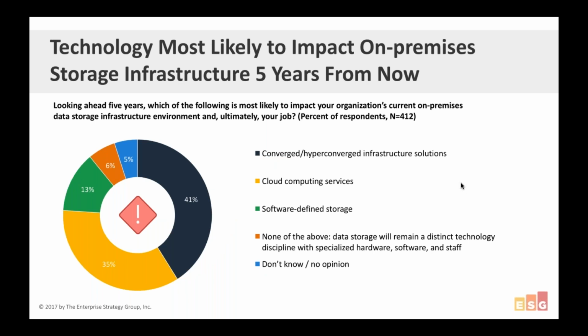Now, I said there are other things milling around in the future. I guess if we sum all these up, you've got convergence going on. Obviously, we talked about cloud. I've just mentioned software defined. You can see that software defined shows up as a smaller section in terms of what's most likely to impact the next 5 years. But that was because we asked people to pick the number one. These three things, convergence, cloud, and software, clearly are not mutually exclusive.